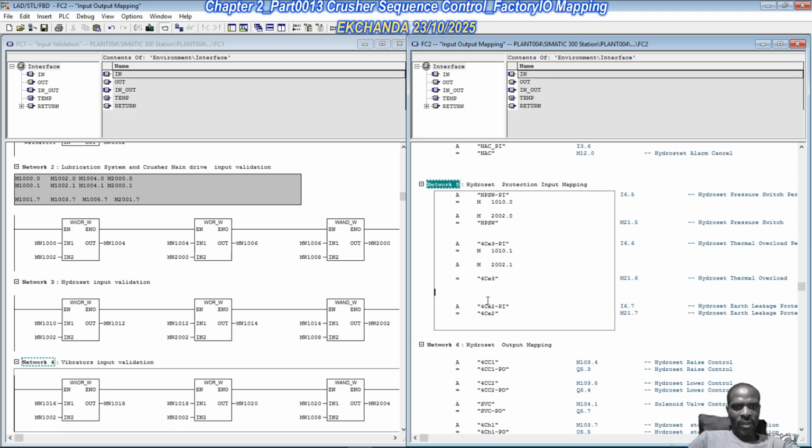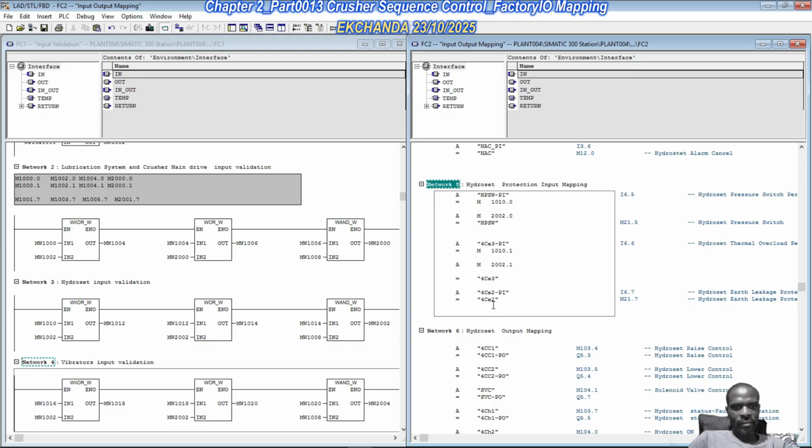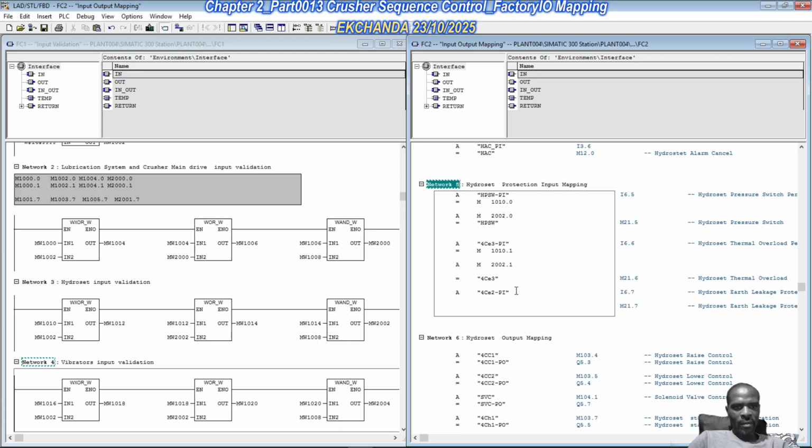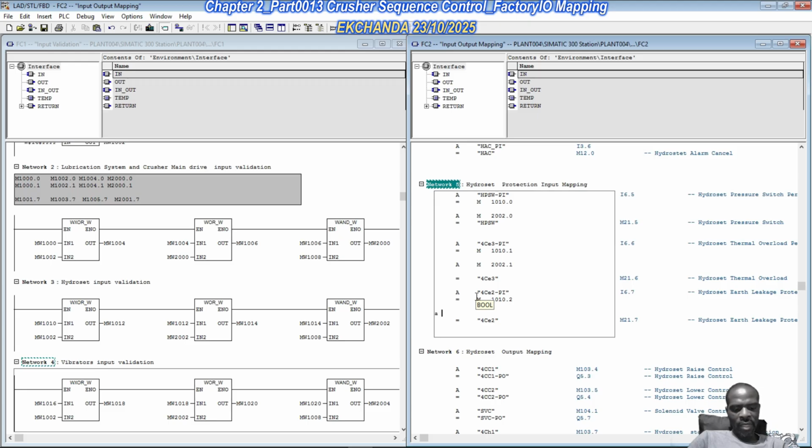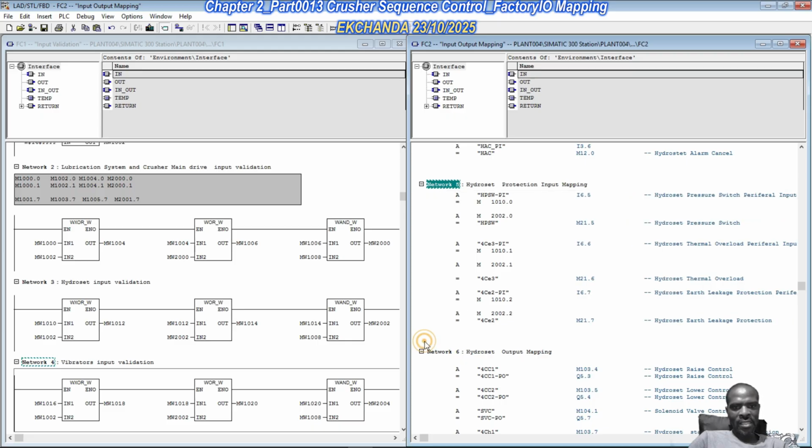Then we have the FactoryIO input signal 6.7 passing its signal state to memory bit 1010.2, and memory bit 2002.2 passing its signal state to 4CE2. Basically this qualifies the input validation for the hydroset.